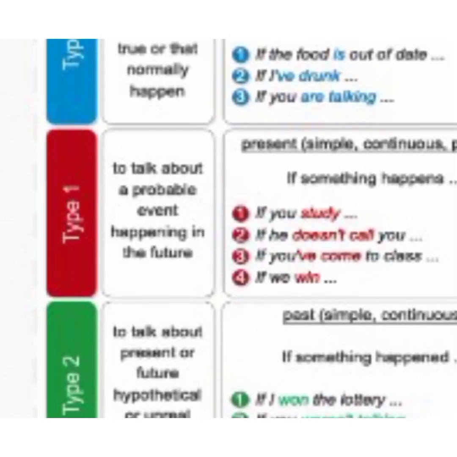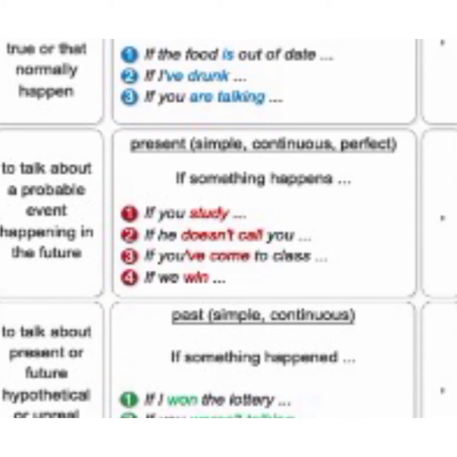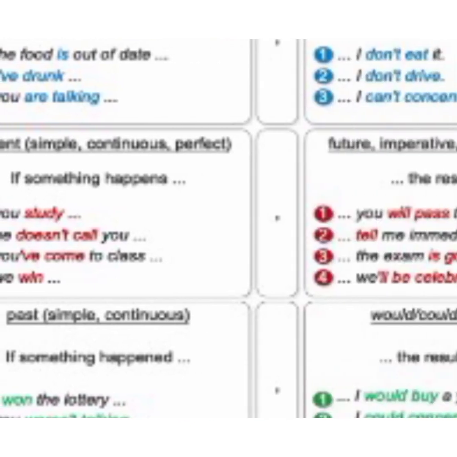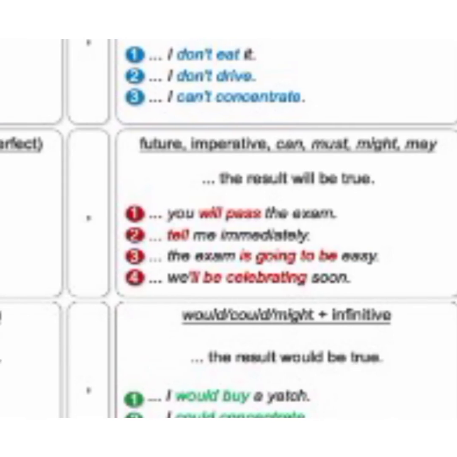If the if clause is in present tense, the main clause will be in future tense. And we use can, must, might, may, all this we use. Okay, so let us see the examples.